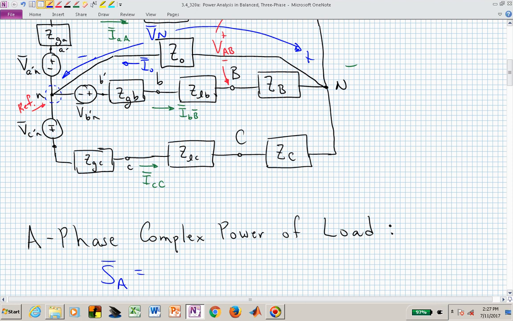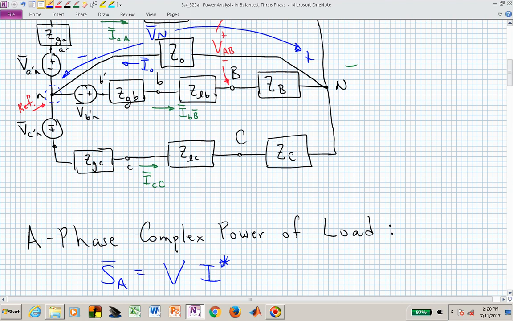And if you were in an interview and somebody said, what's the complex power of the A phase? And you go, it's been a few semesters since I've had 320. Let's see, power is voltage times current. It seems like we had to worry about the conjugate. It was V I conjugate.